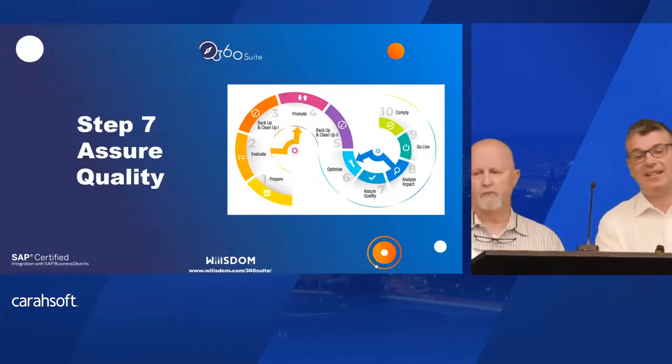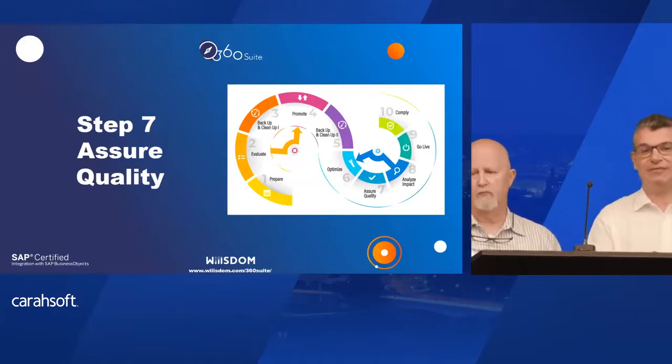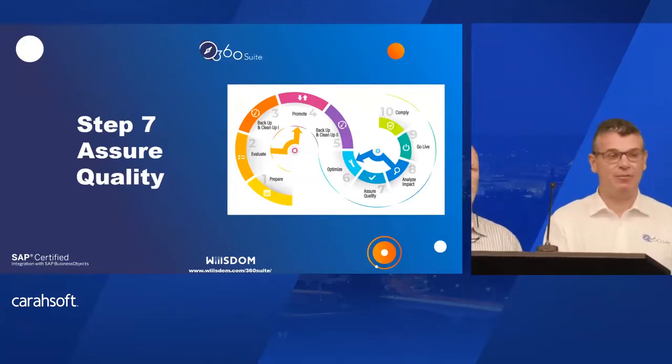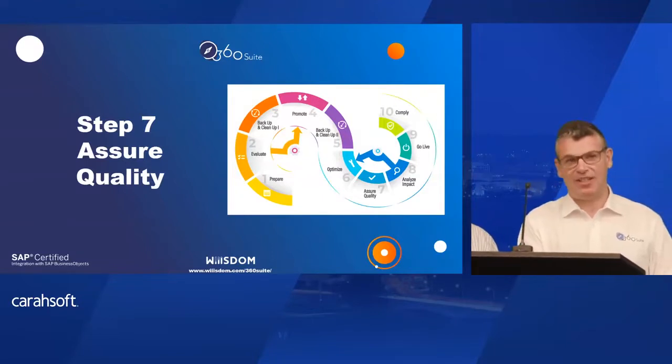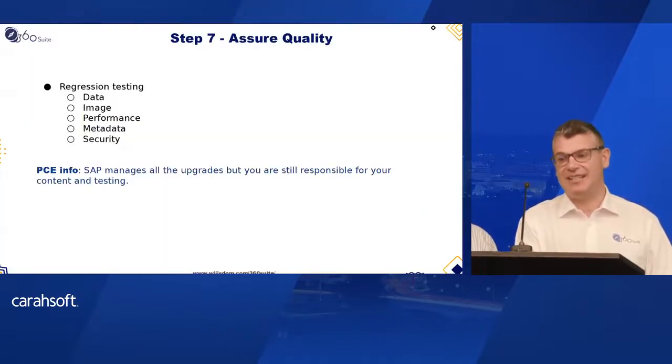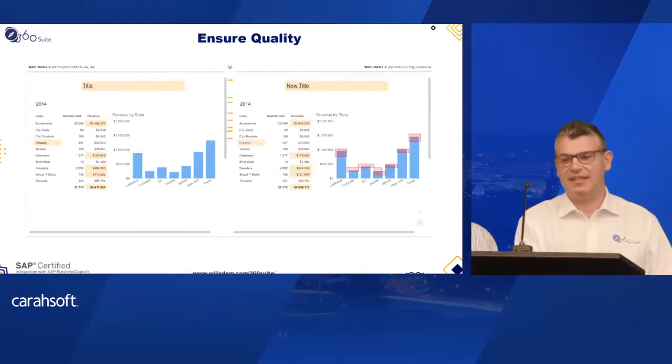So step 7 is very critical for any upgrade, any migration, because it's all about quality. Again, this is an IT migration, and you want to make sure that it's seamless to your users, because at the end they want to make sure that they can trust their data. So here it's all about testing, whether it is on Webby, Crystal, Analyst for Office as an example.